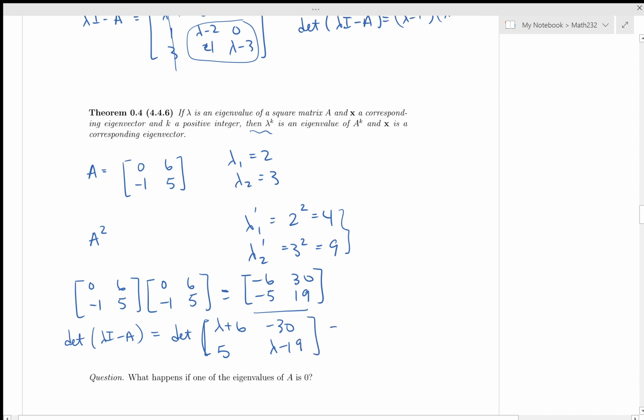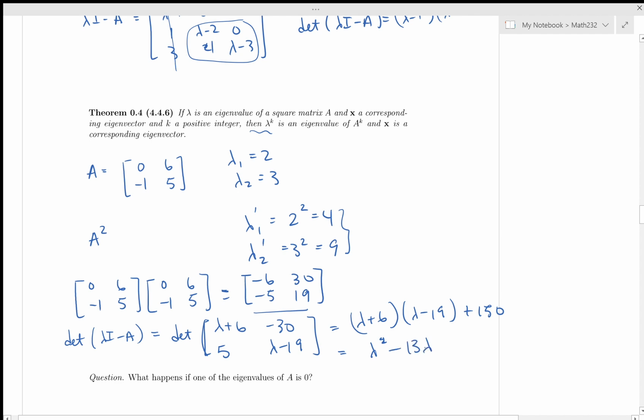Then we get lambda plus 6 times lambda minus 19, and then minus 150, and I take the negative of that, plus 150. Let's see, lambda squared. This is brave, man. I'm forging ahead with this example.